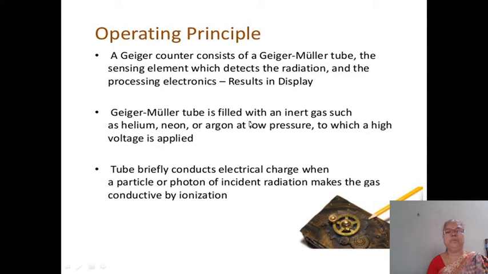The Geiger tube is filled with an inert gas such as helium, neon or argon, and 90% of the tube is filled with an inert gas, specifically argon gas at low pressure, to which a high voltage is applied. Then the tube briefly conducts electrical charge when a particle or photon of incident radiation makes the gas conductive by ionization.